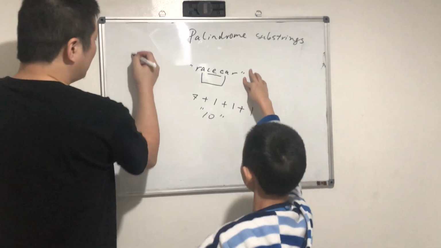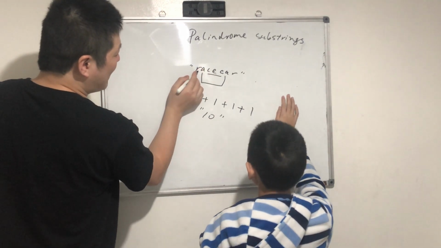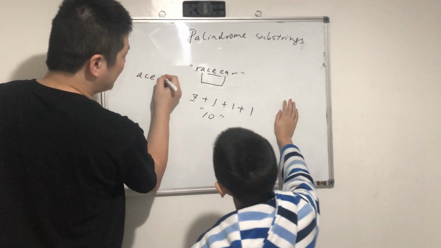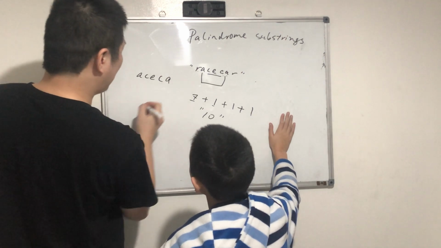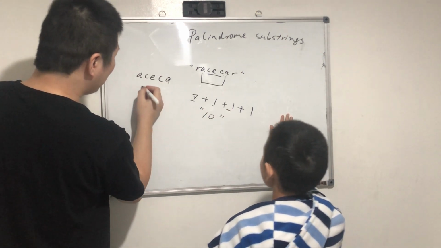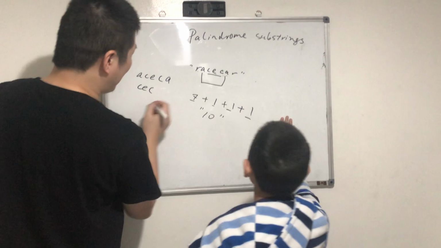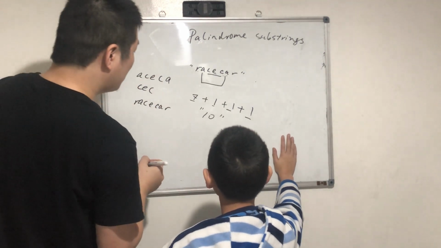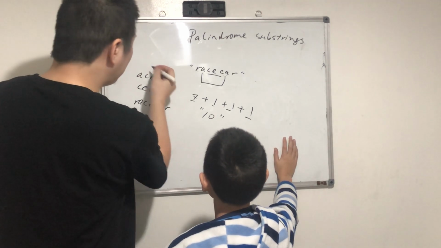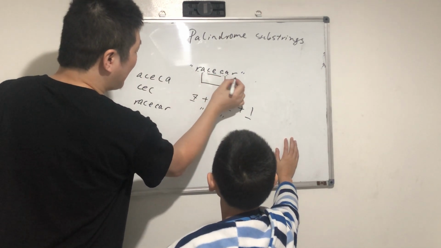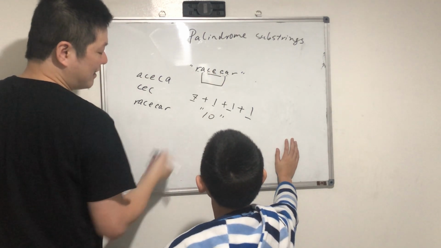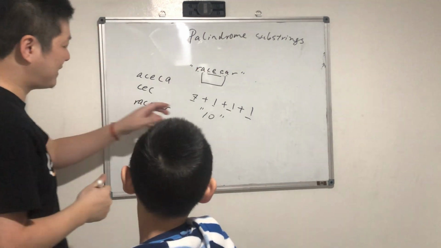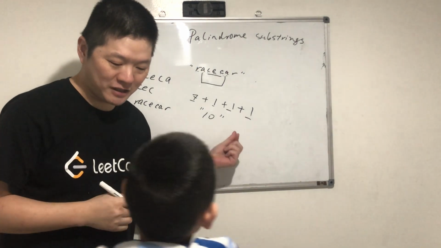Seven are each letter, then ACECA, which is a palindrome, another one CEC, and another one race car. Why not E again? I already counted it, since E is already included in the seven single letters. So that's 10 substrings.